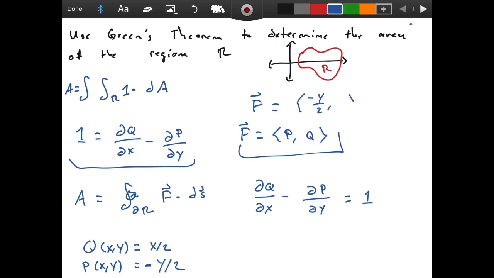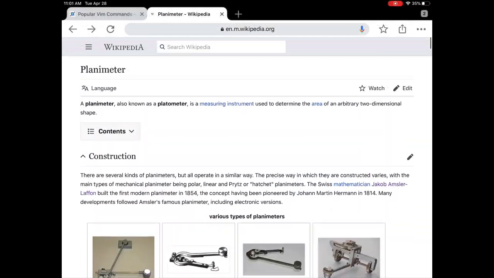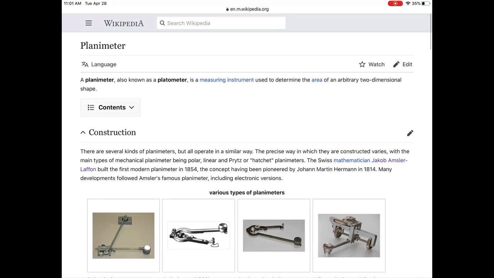So let me give you one example. There is an instrument called a planimeter, I guess that's how you say this, and it is a tool that you can use to compute the area of an arbitrary two-dimensional shape.